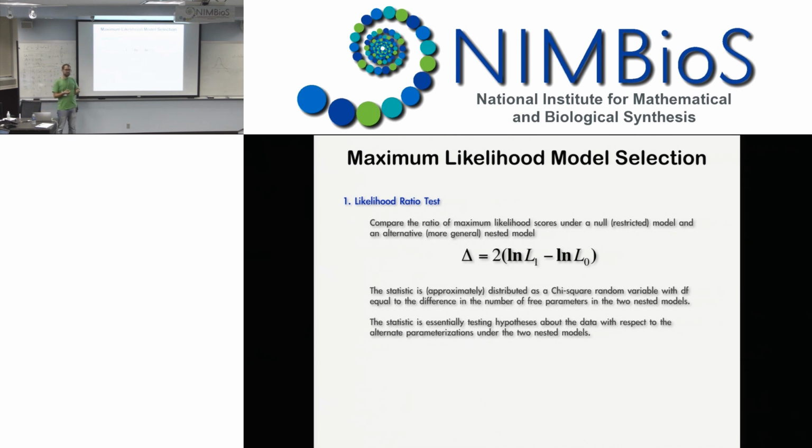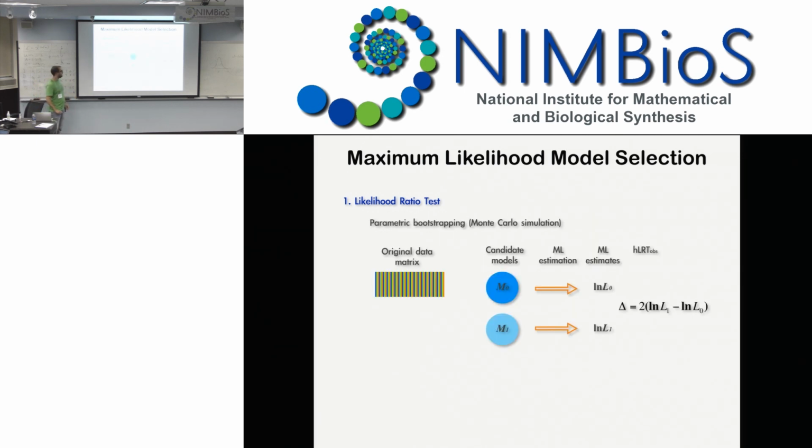We can do that if the models are nested, that means that one model is a special case or a simpler model of the other model. Then this test statistic delta is approximately chi-square distributed, with degrees of freedom equal to the difference in the number of parameters between those 2 models. So we can use this test statistic to select between model 0 and 1.